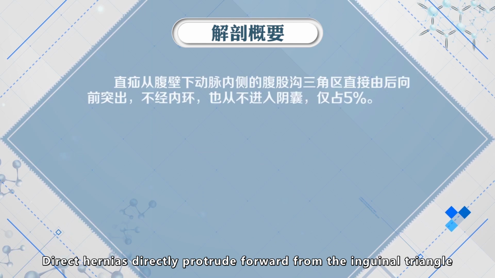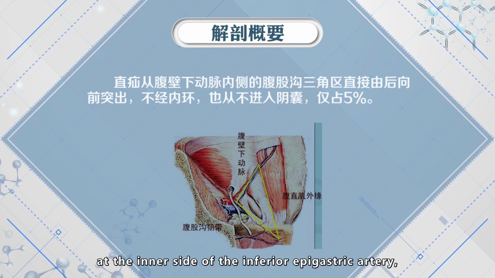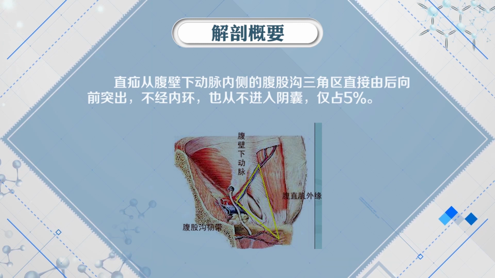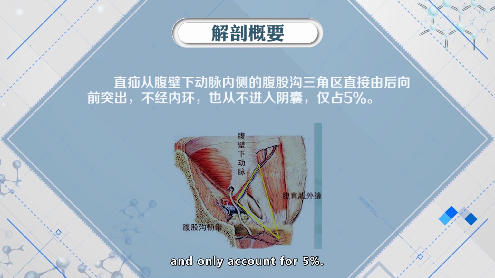Direct hernias directly protrude forward from the inguinal triangle at the inner side of the inferior epigastric artery, don't pass through the inner ring or enter the scrotum, and only account for 5%.